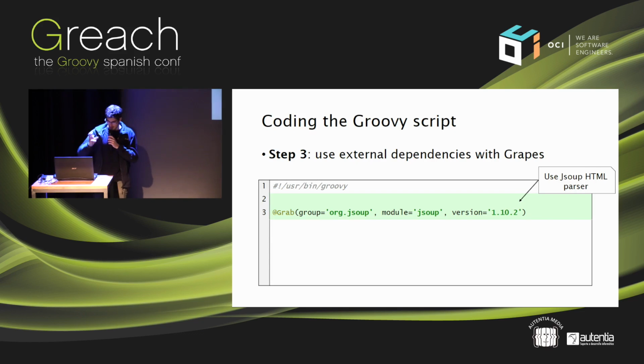For our specific example, we will use the JSON HTML parser. We indicate the Maven coordinates, and the dependency will be resolved when we run the script.